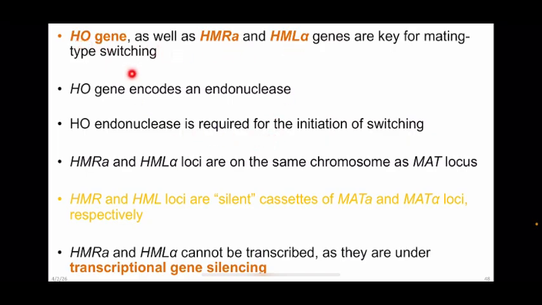The HO gene encodes an endonuclease. HMRA is responsible for A type cells, and HML alpha is responsible for alpha type cells. We all know what endonucleases do, right? The thing is, these are silent genes, so they are found in all cell types, whether the cell is A or alpha.